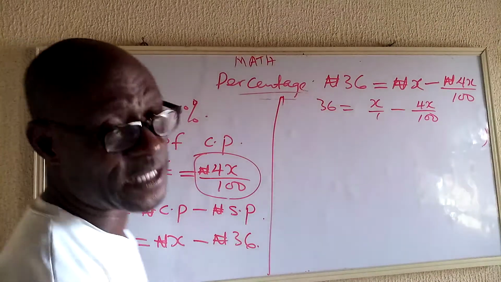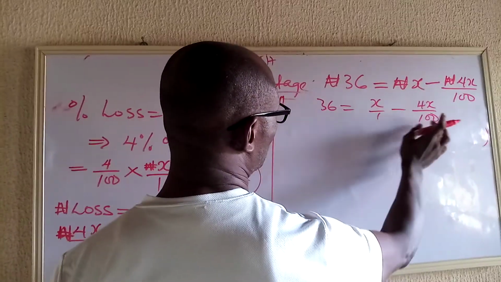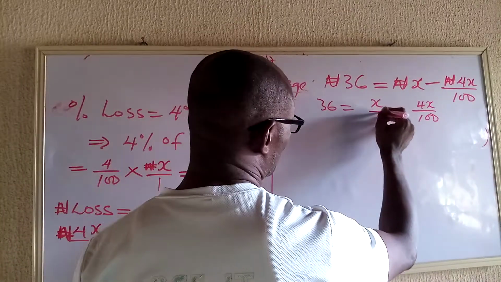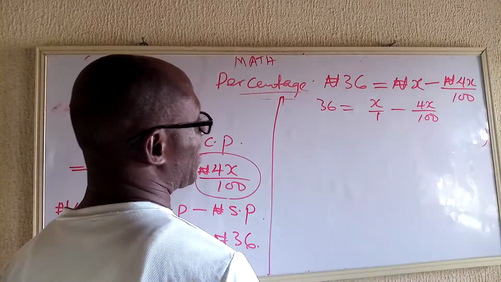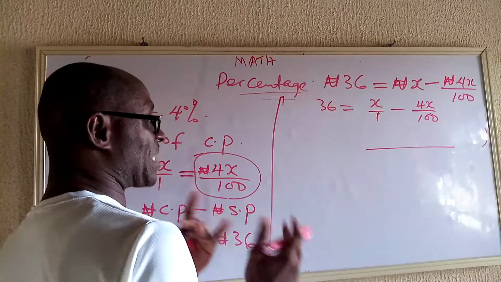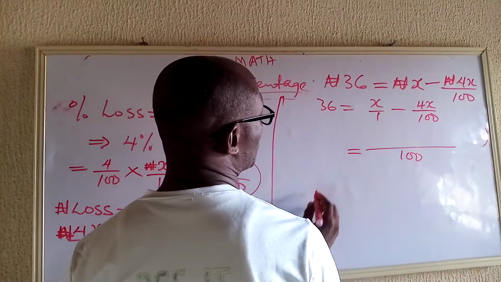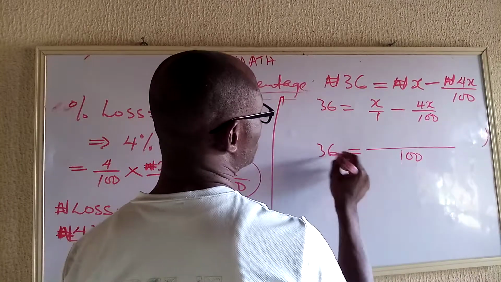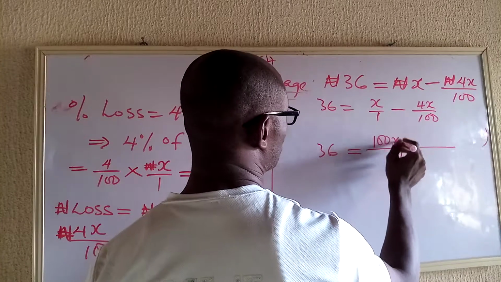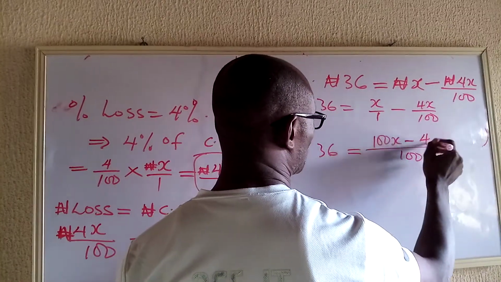You look for the LCM. The LCM for 1 and 100 is 100. So you can multiply throughout by 100, or let's do it in a general way. This 36 here, 1 in 100 is 100. 100 times x, that's 100x. Minus 100 in 100, that's 1 times 4x, 4x.